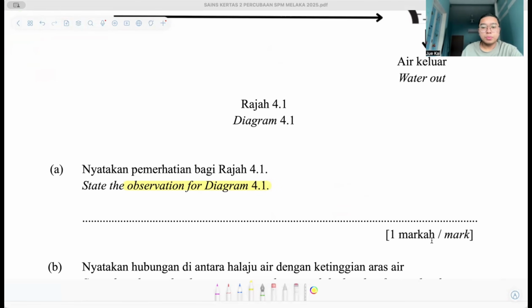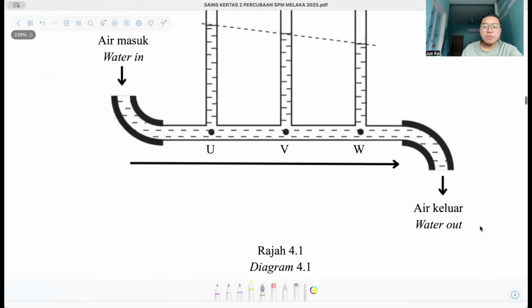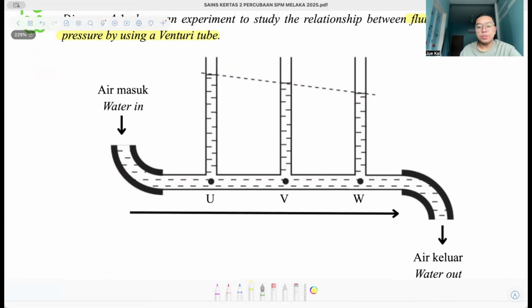So, observation, you can see. What you can see in this diagram. Tell me what you saw in this diagram. Let me give you a clue. I highlight 3 things. This is the first clue I can give you. This is the second clue. This is the third clue. Tell me what you saw. I wait for your answer.